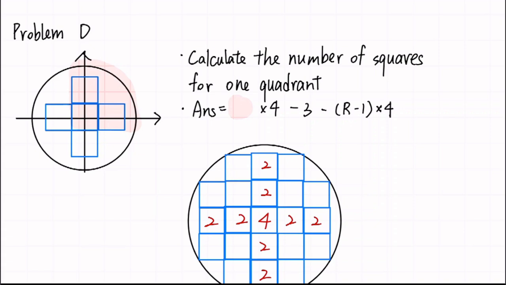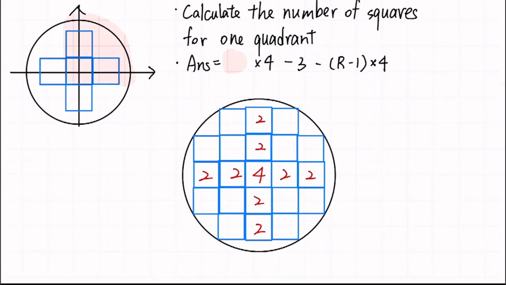However, we realize that we can't just multiply the number of squares in the pink region by 4, since some of these squares will be counted multiple times. So we just need to subtract the value that has been overcounted.